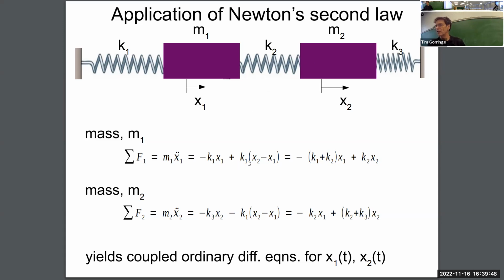This should be a K2 here. So that's the arrangement of forces on mass number 1, and if I add them up, I can pull out the common factors involving the position of mass 1 and the position of mass 2. I get this little arrangement here.